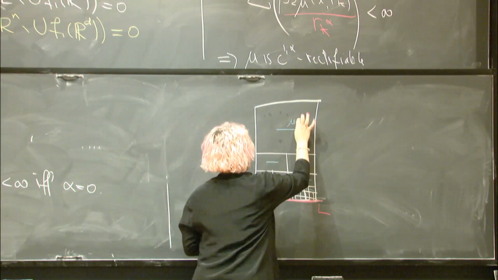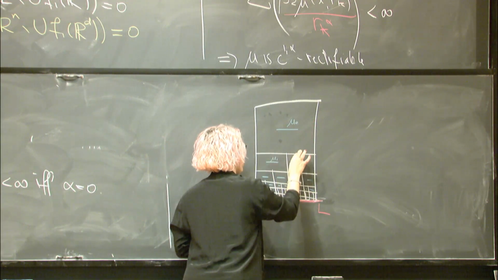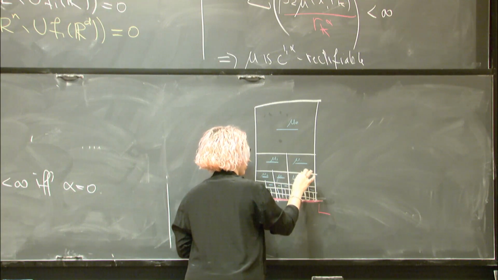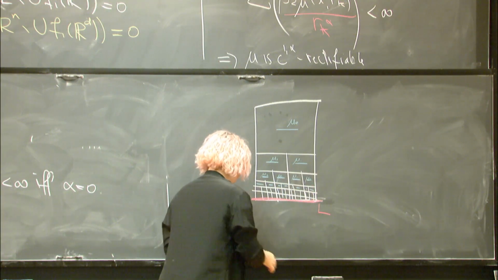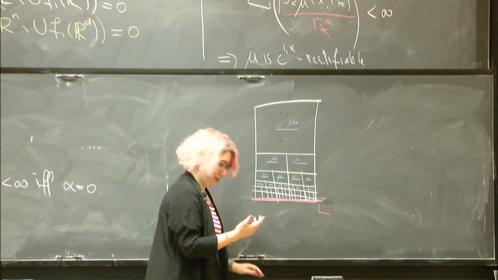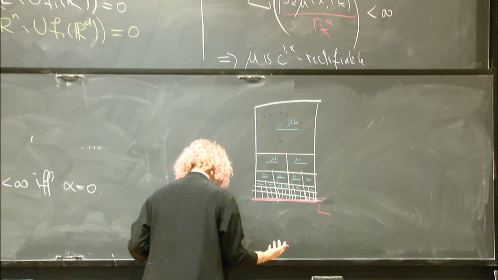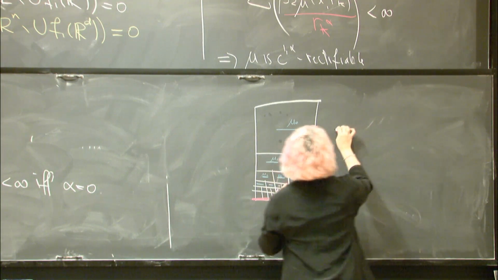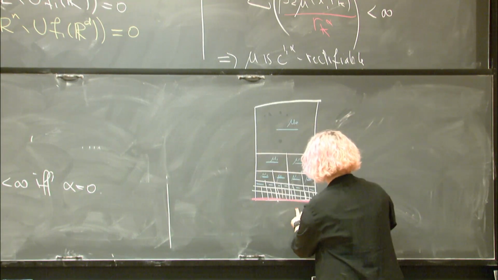So here I give you mu 0, here mu 1, mu 1, mu 2, mu 2. You got it, right? And I'll tell you what these are.